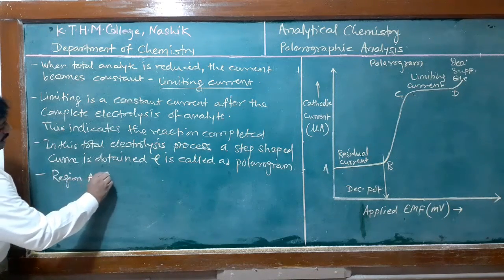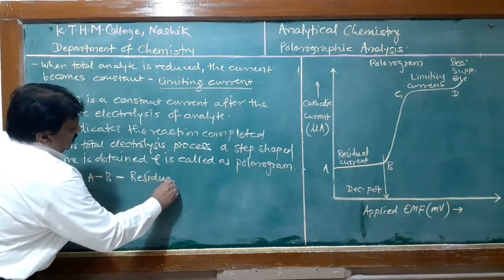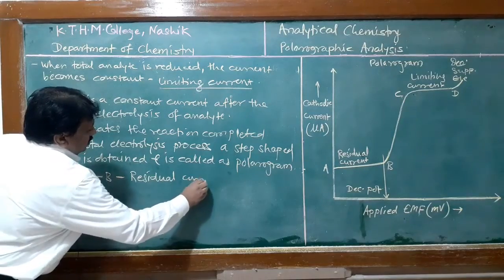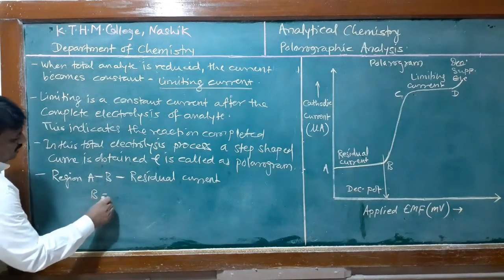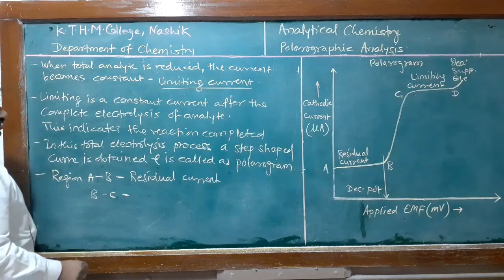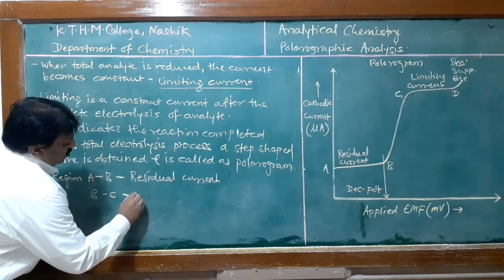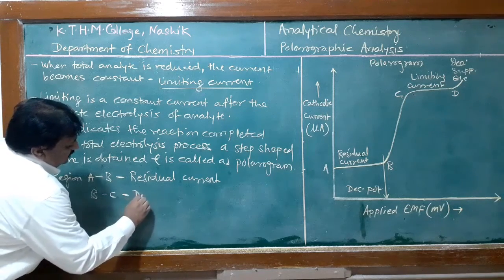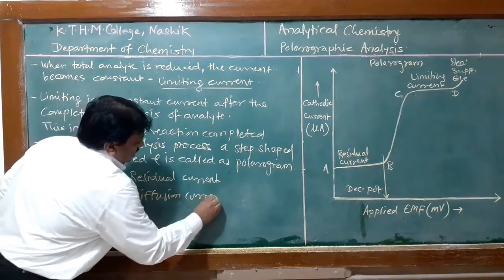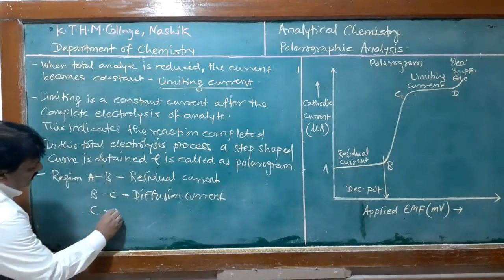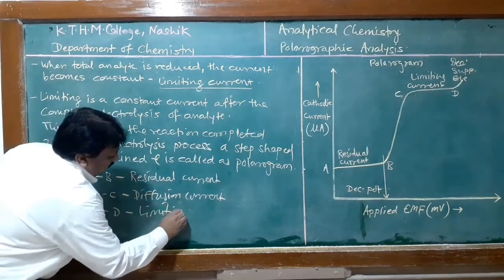A to B is the region of residual current, then region B to C is the region because of reduction of analyte, and that is called the region of diffusion current, and here C to D, you know that it is the region of limiting current.